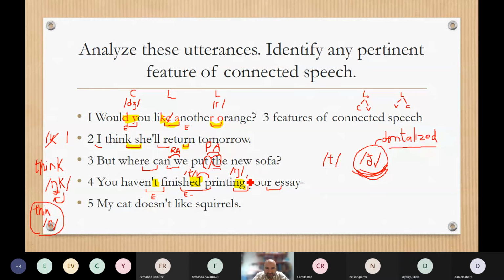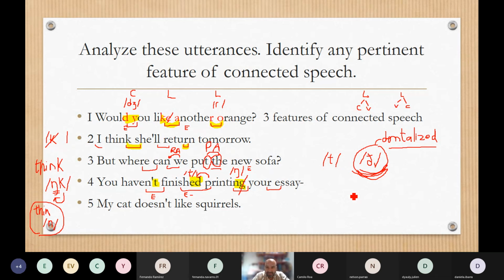Therefore, the sound of the letter g is not pronounced. So there is an elision of that sound, because it's a letter, and a letter usually gets a sound. So there's this relationship between a grapheme and a phoneme, which is not here because g is not the final sound of printing, but the other one. So there's an elision of g.